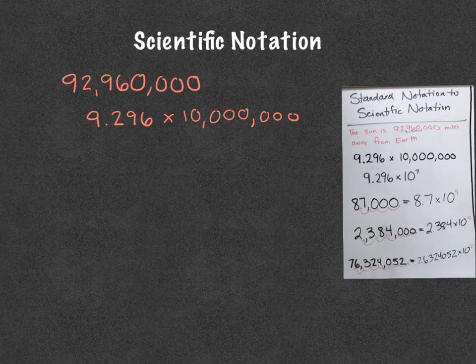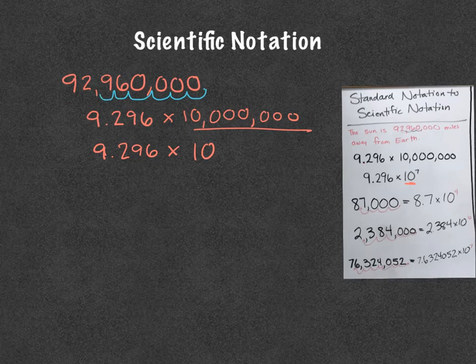Okay, so now we're going to take this number and put it into that scientific notation. So 9 and 296 thousandths times 10 to the, and we are taking this from here, 1, 2, 3, 4, 5, 6, 7, to the 7th power.